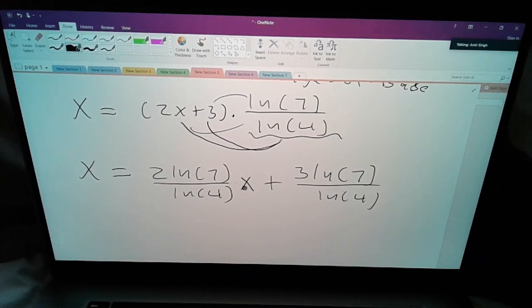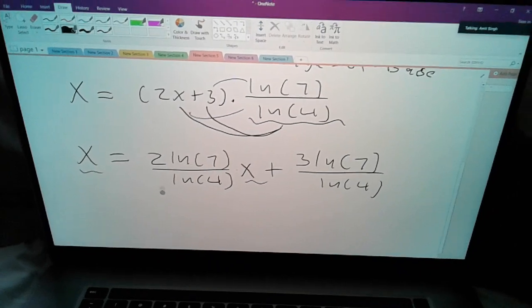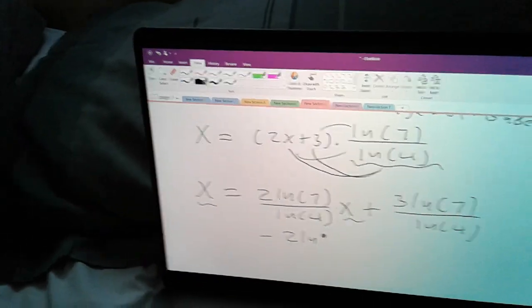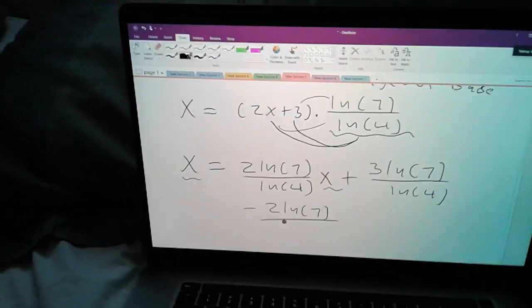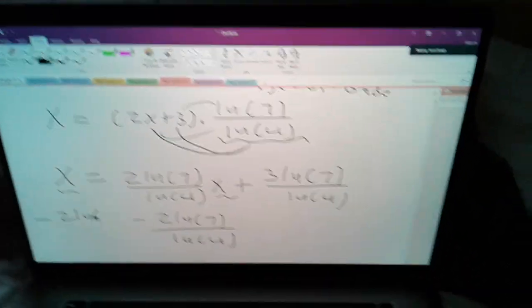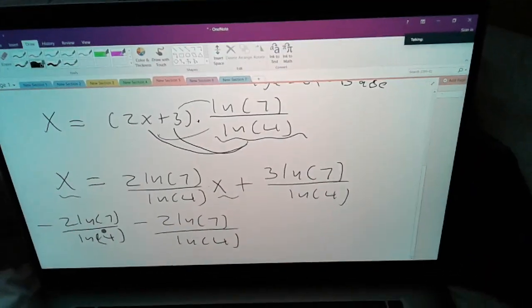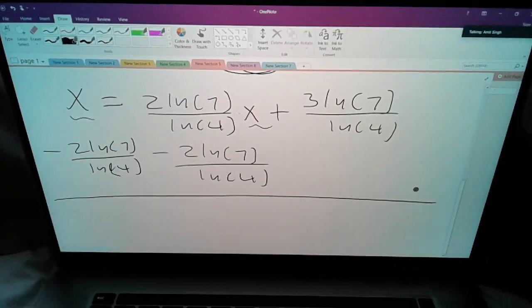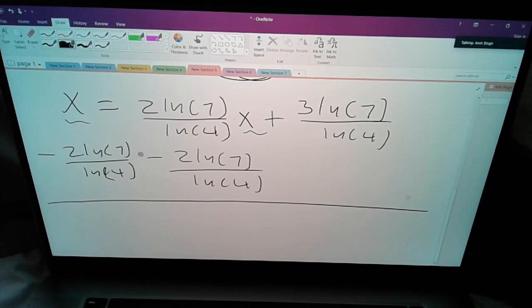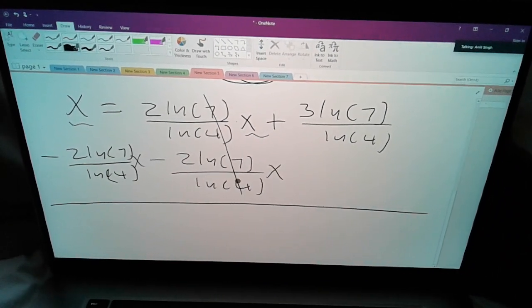So this is just like an equation with variables on both sides. I have to get the variable on one side of the equation. So I'm going to go ahead and subtract this part from each side, and then I'll have it on one side of the equation. Whatever you do to one side, you have to do to the other. So I'm subtracting this whole thing from both sides.